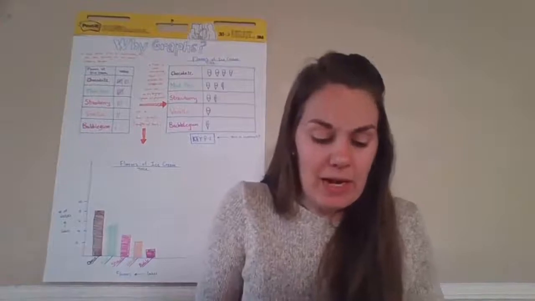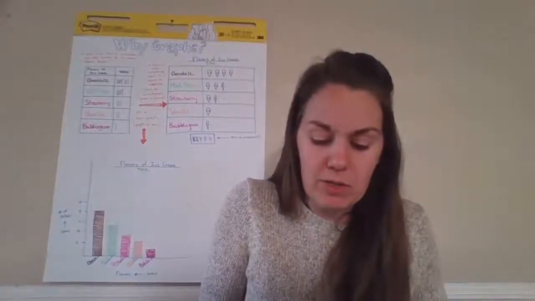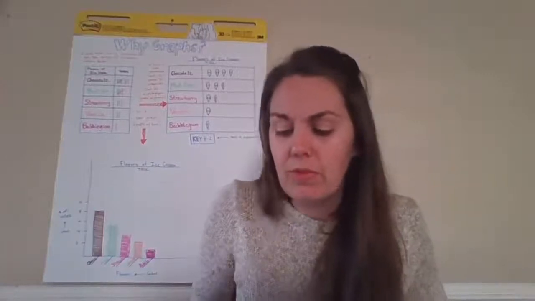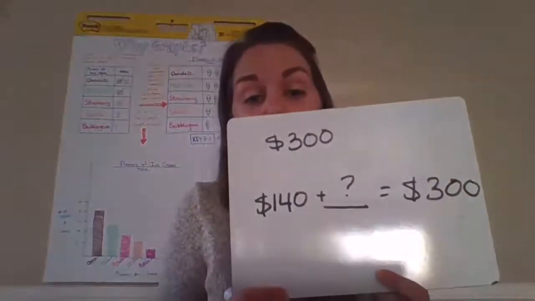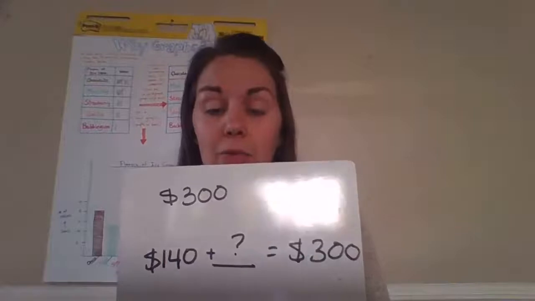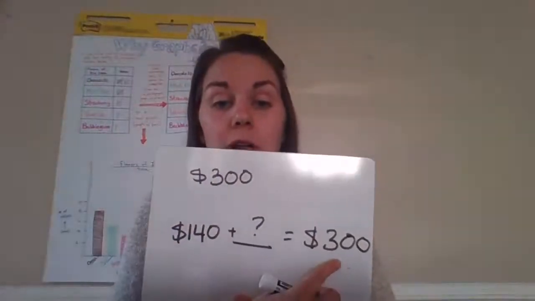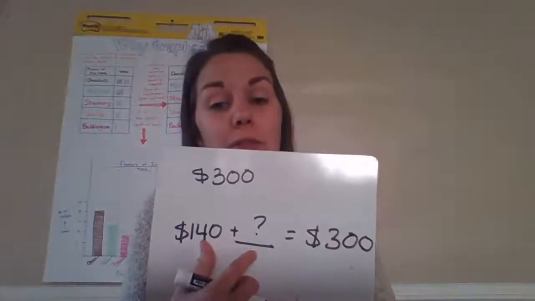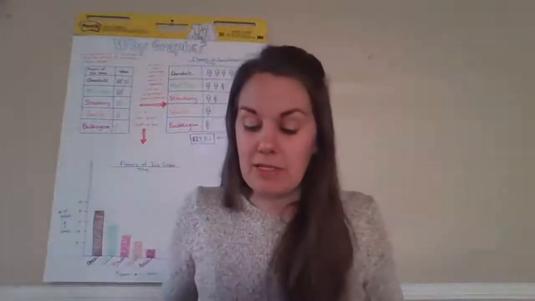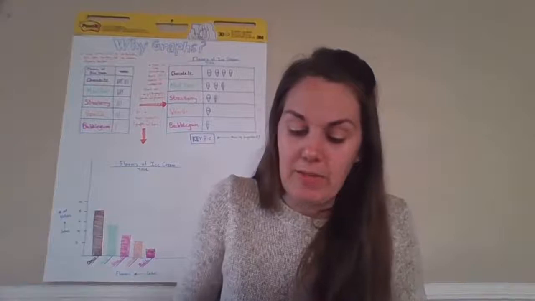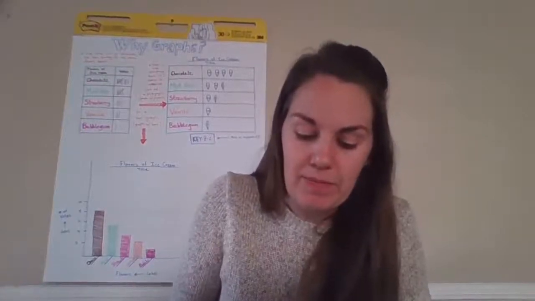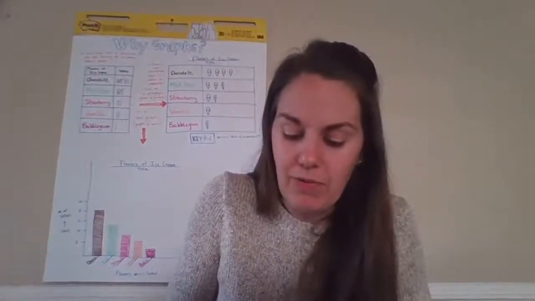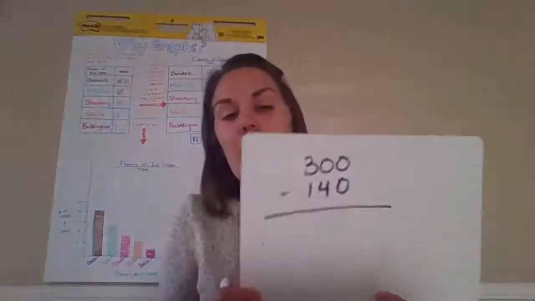So we can think of it as $140 plus what number would get them the $300 together. Another way to think of this is we're starting with our 300. We could take away the 140 to figure out what the mystery number would be. So that's precisely what I'm going to do. I'm going to take my 300, take away 140, and figure out what that would be.